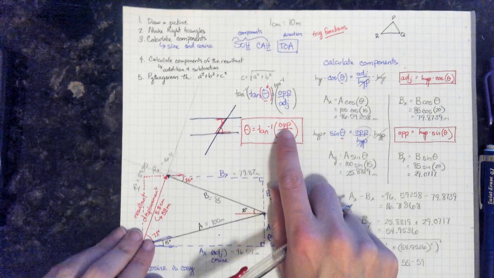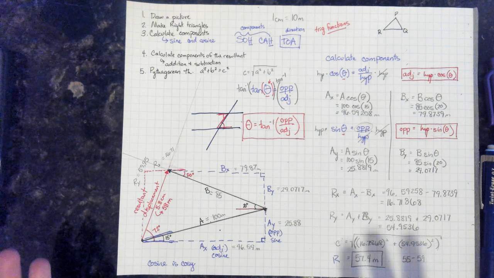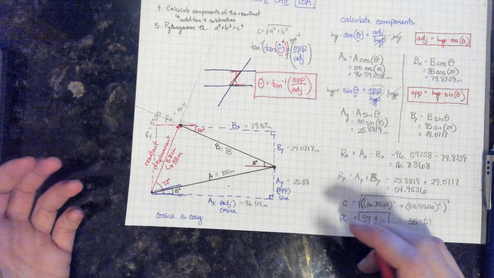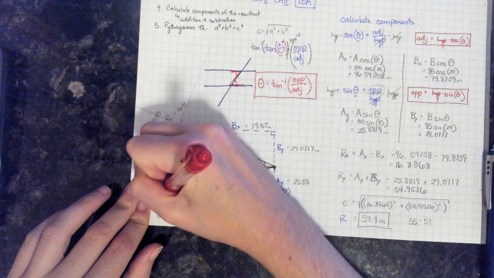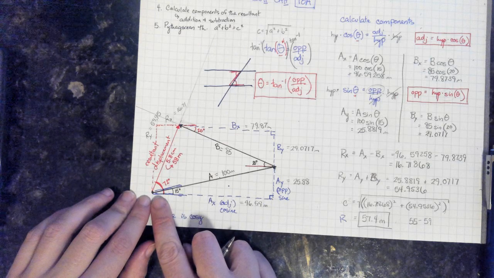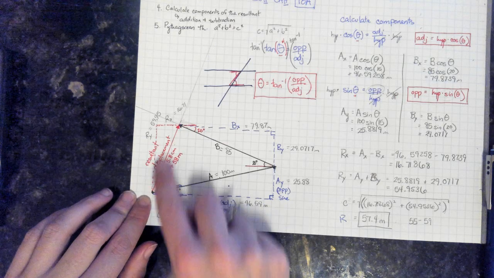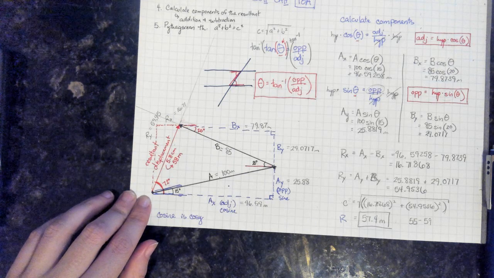Now, the next question is, what's the opposite side this time, and what's the adjacent side? That also really depends on what angle you want to use. So if we measured this one as 72. Okay. Where is that in this little triangle, though?